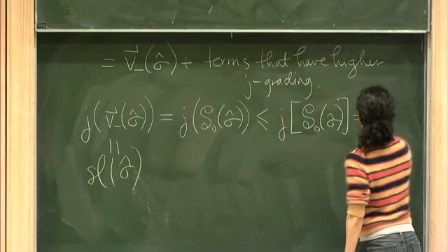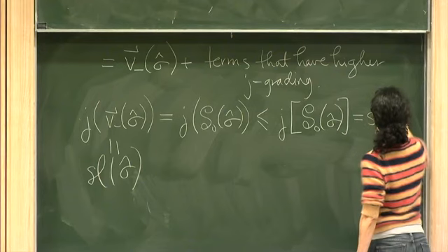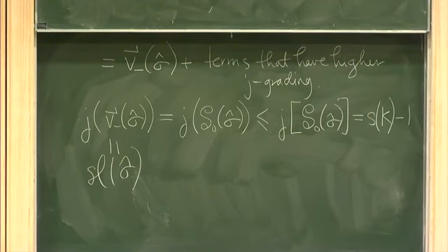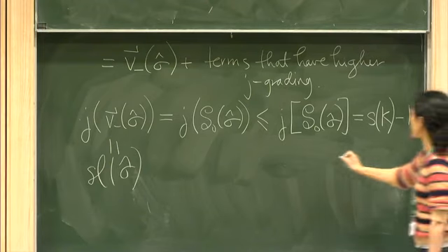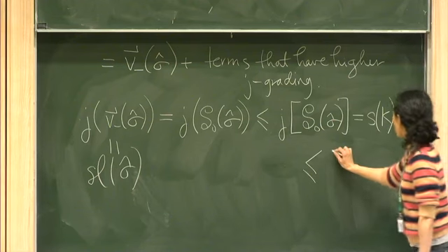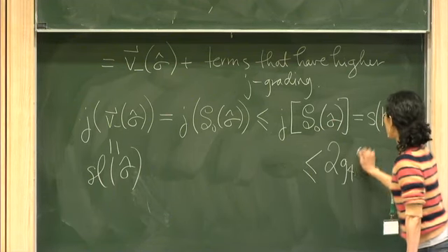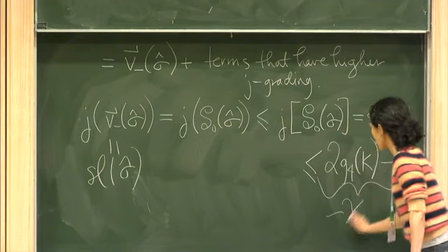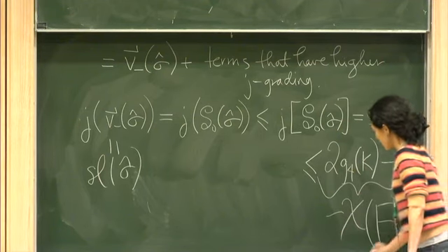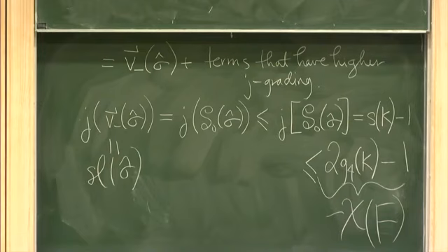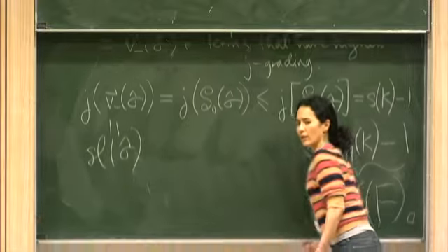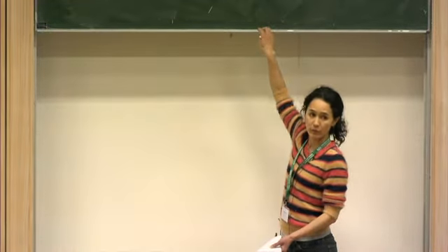And as we said, this is s of k minus 1. And now we appeal to Rasmussen's theorem, which is telling us that this is less than or equal to twice the 4-ball genus of k minus 1. There's the negative Euler characteristic of a surface showing up. And there it is. It's just a really nice little proof of that once you know the Rasmussen theorem.